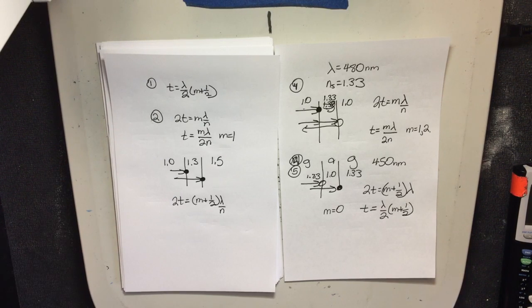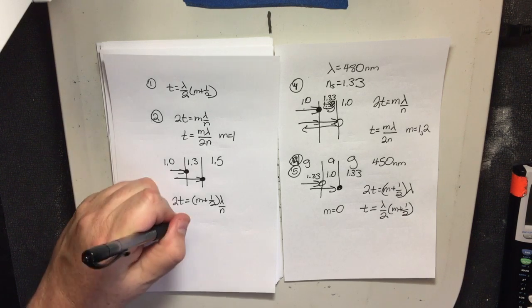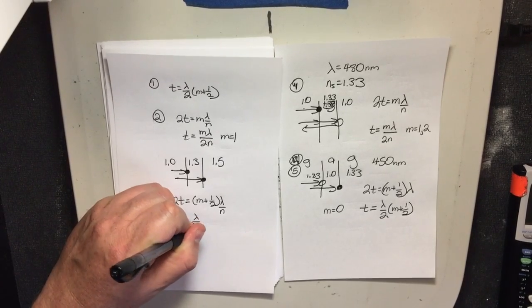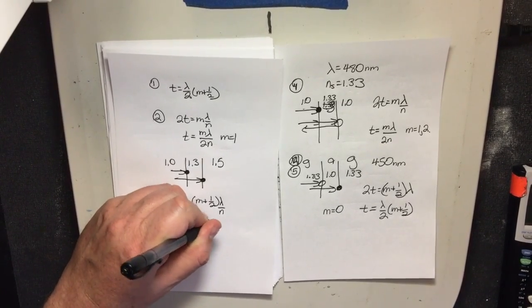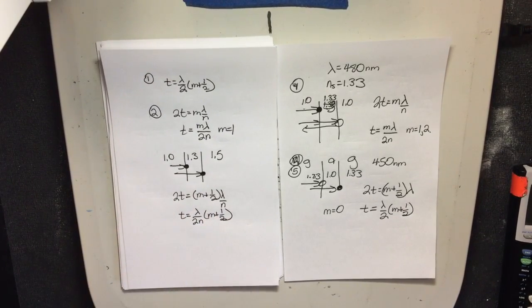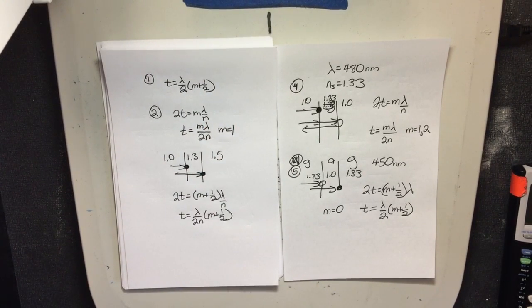I know it's destructive because it's non-reflecting. Non-reflecting means you don't see it. Hence, that value. So t is lambda over 2n times (m plus 1/2). It's an even destructive. Even because they're two dark dots. Destructive because I say non-reflecting.